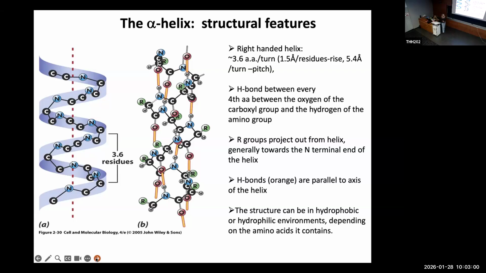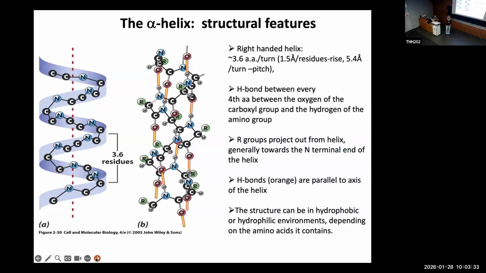Okay, so depending on the composition of the polypeptide in the alpha helix, you can imagine that this structure will have a characteristic of being hydrophobic or hydrophilic, or we'll talk about amphipathic in a minute, but it will depend on the composition of the amino acids that make it up. So if you had an alpha helix that we called hydrophobic, what types of amino acids would it be composed of?